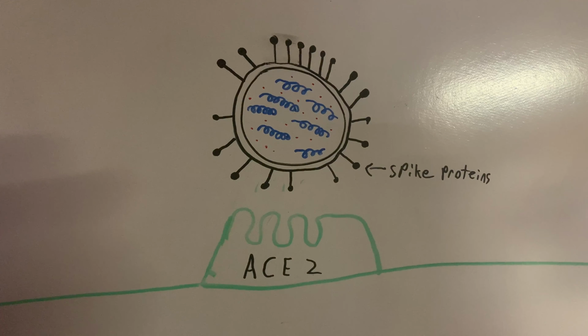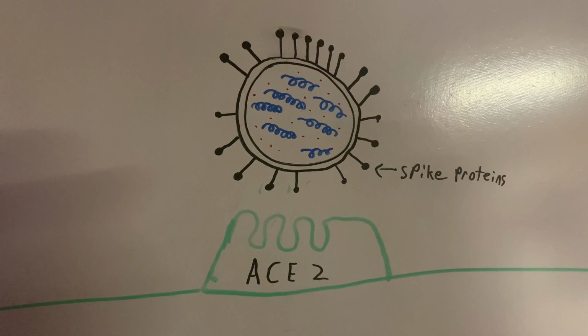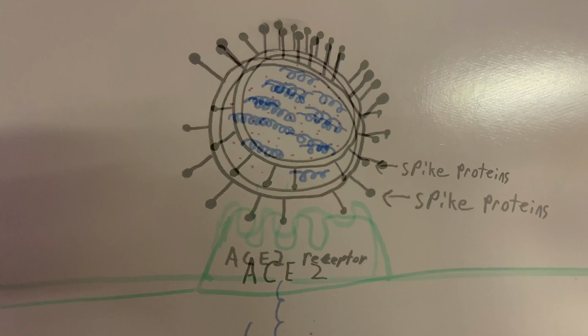And then it has spike proteins, which stick out in all directions from it, which are sort of the most distinctive feature of this virus. These proteins allow it to attach itself to this ACE2, that's angiotensin converting enzyme 2, which is another protein that is found on the surface of some lung cells and some other cells in the body.